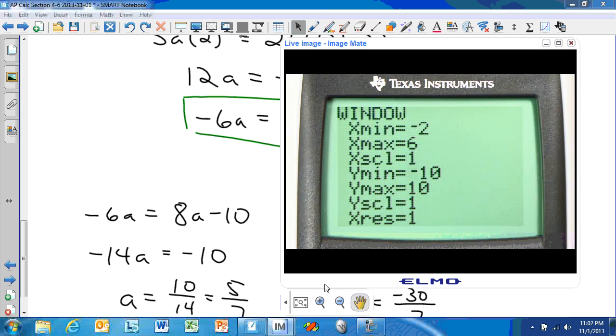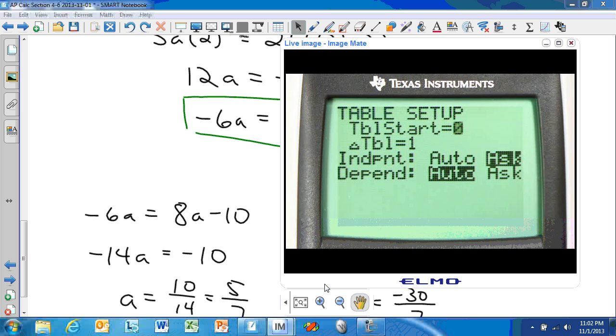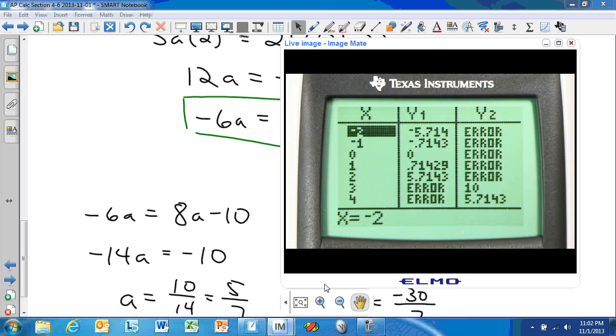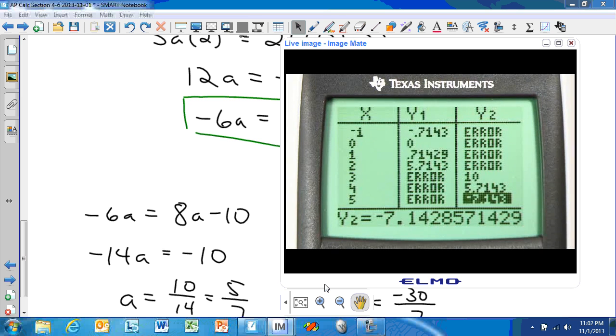I guess I don't really know what the best choice here for y is, so let's use our table to help us out. We'll start it at negative 2. I'm going to put this back into ask mode, and we'll have it changed by 1. So it looks like we start a little bit negative, and then it increases up to almost 6. And on the y2, it starts at 10 and starts coming back down to negative 28.